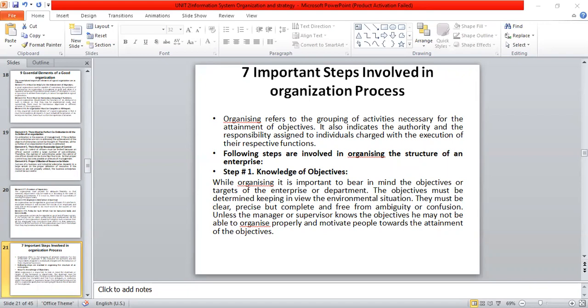Now it is the second topic of our second unit, that is how information system impacts an organization. There are various ways or various impact factors which we are going to consider, various points of view, in which it will become clear how the information system will impact the organization.